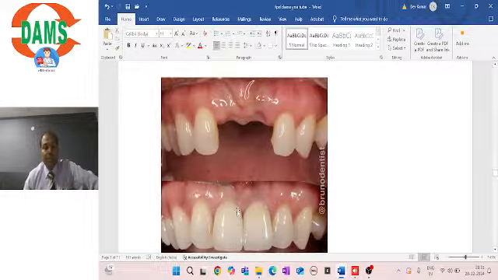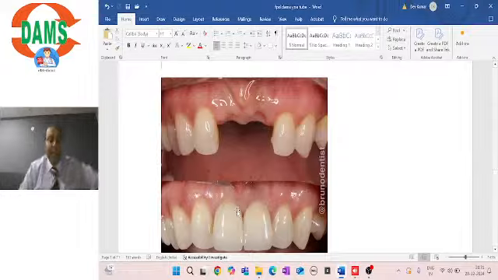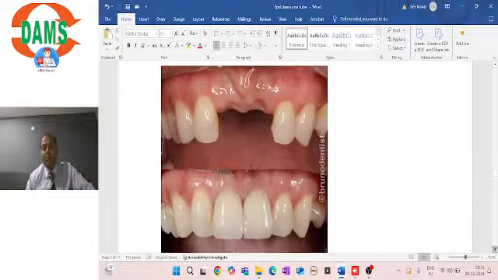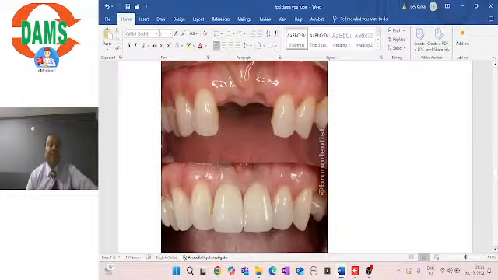Next, see, there have been so many instances where it has been asked what is the best material of choice in replacing the anterior bridge or anterior crowns? So the best material to replace such is your pressable ceramics or the E-Max crowns.